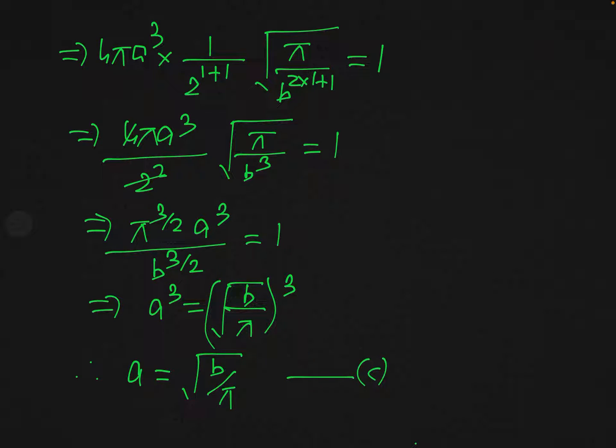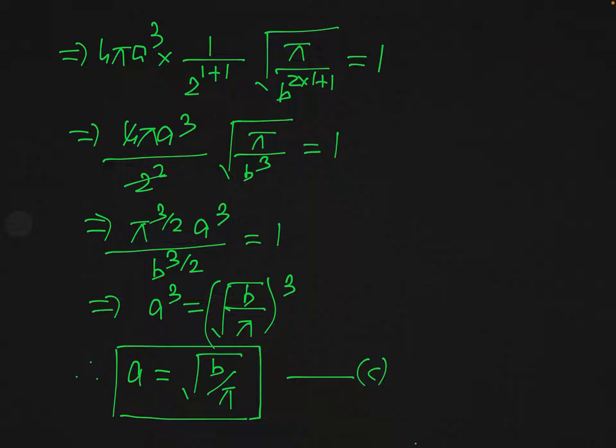So this is the relation between a and b. Till now we have not obtained the actual value of the constant a or b, but we have obtained an important result which relates a and b. So if we can now evaluate the constant b, then automatically using this formula you will be able to find the value of constant a.